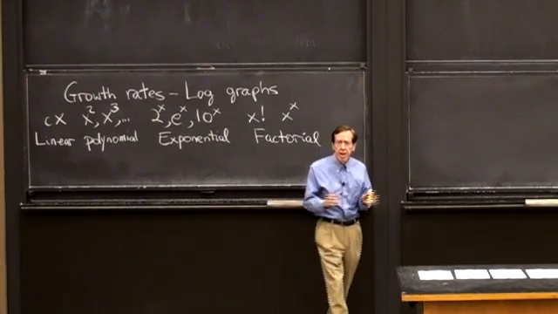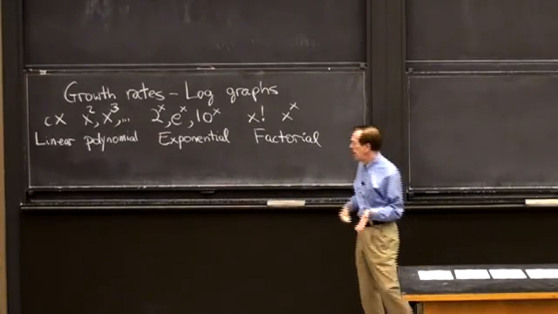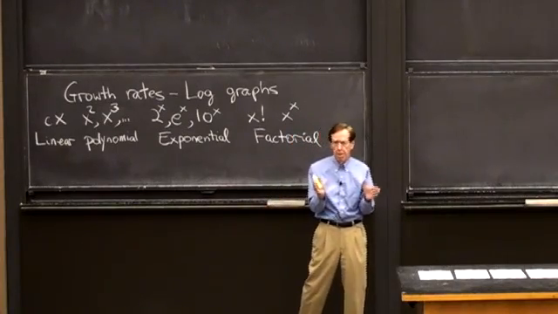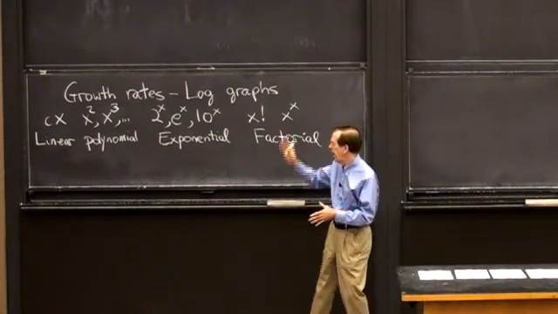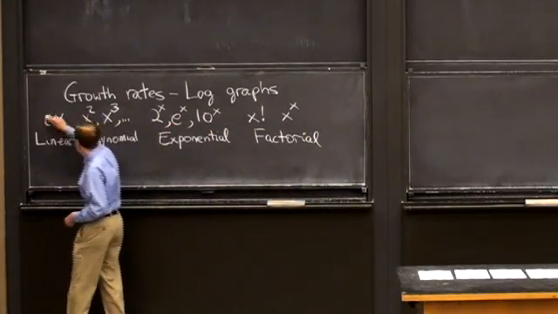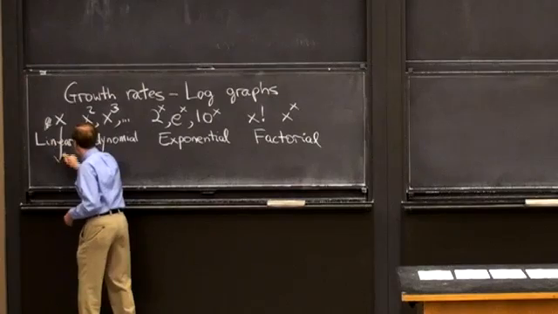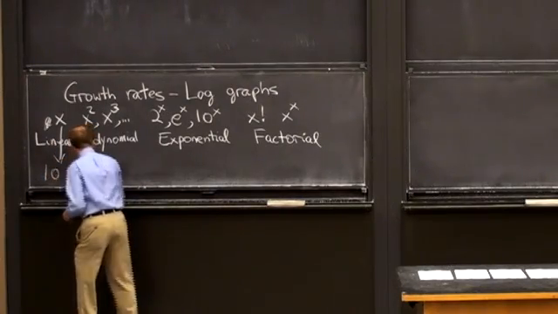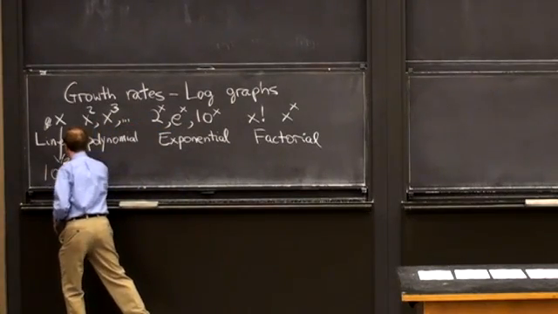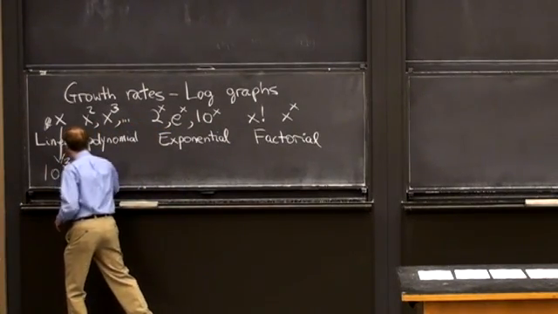But let's just take these and let x be 1,000, just to have a kind of realistic idea of how these compare when x is 1,000. Okay, so I'm skipping the c, so x will be 1,000.